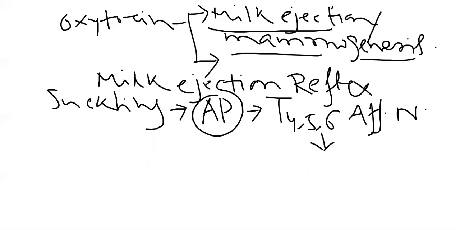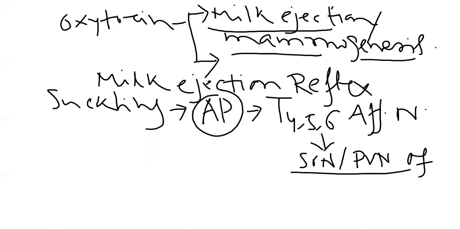At which part of the hypothalamus? At the magnocellular cells present in the supraoptic nuclei and the paraventricular nuclei of the hypothalamus, from where by the action of the neurohypophyseal tract, oxytocin will be produced, as we have discussed previously.